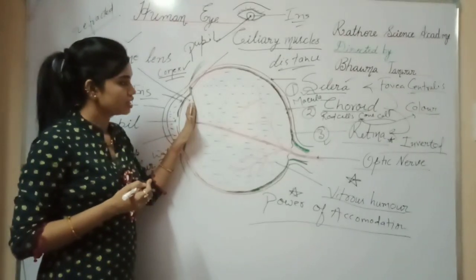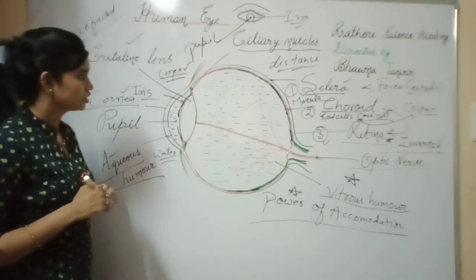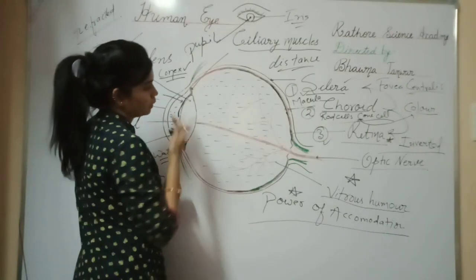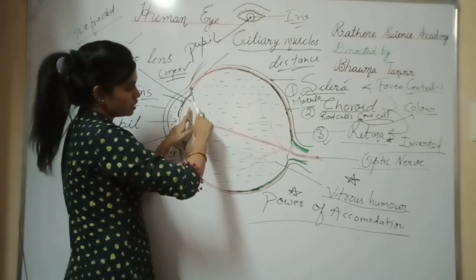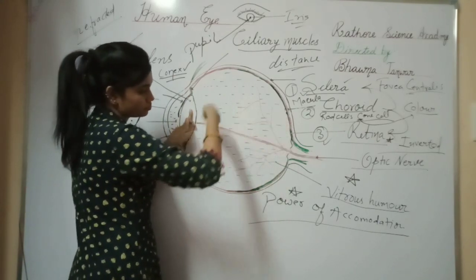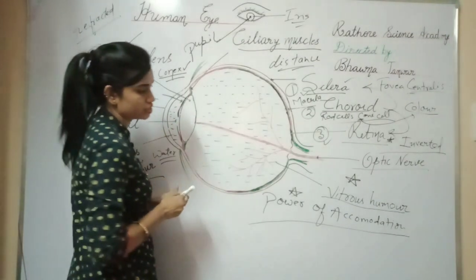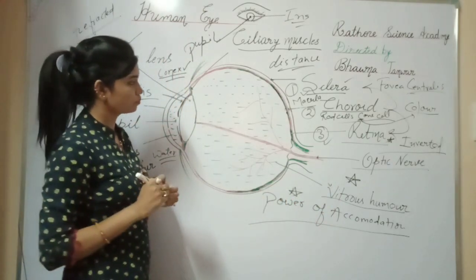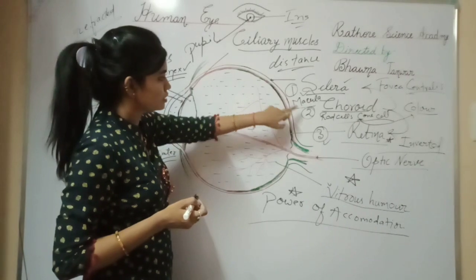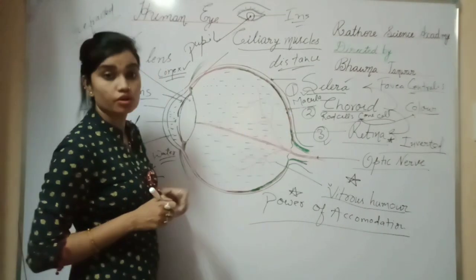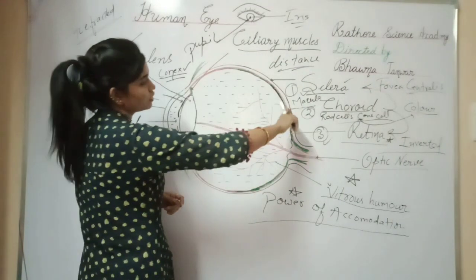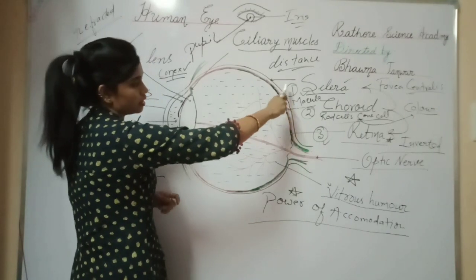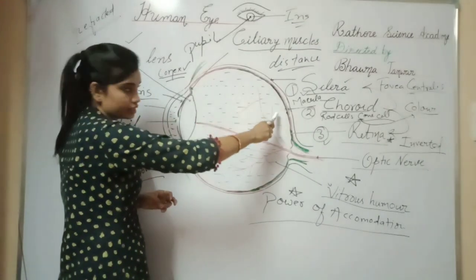Just behind the lens, in between the lens and the retina, a fluid is present, which is known as vitreous humor, which provides the shape to the eye. And the second layer is the choroid, which provides the nutrition to sclera, and the innermost layer is the retina.